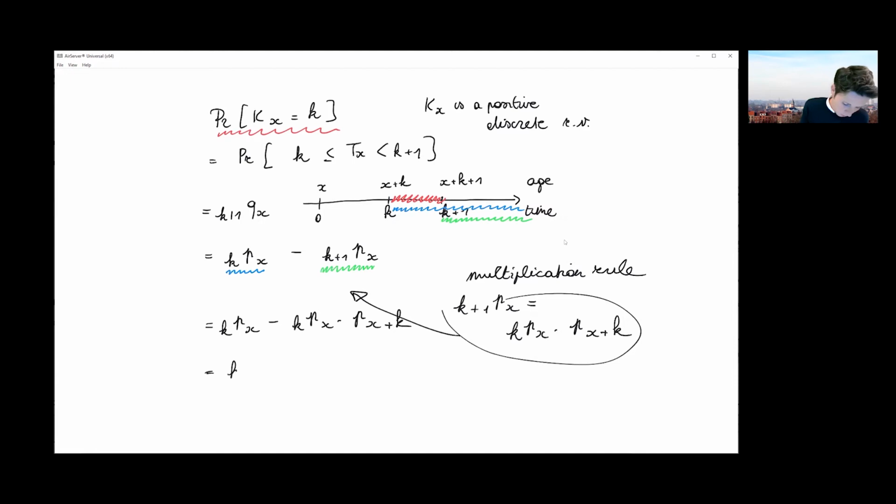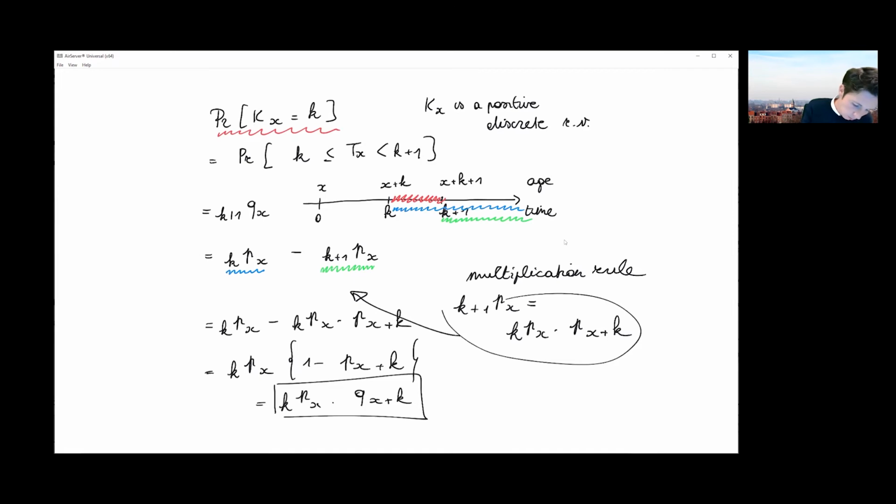I'm going to manipulate this expression, which I can rewrite as kpx multiplied with qx plus k. So this gives me, in quite a handy format, the probability function of my curtate future lifetime random variable Kx. The probability that Kx is equal to k, you can construct by saying you first have to survive k years, and then you'll die within 1 year from reaching that age.